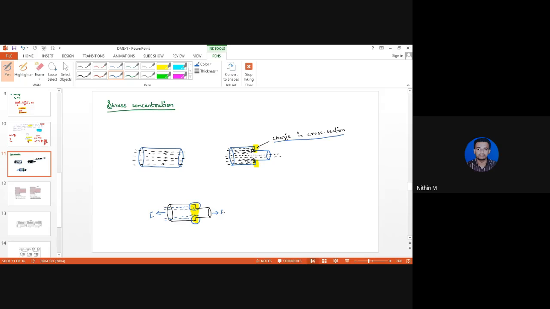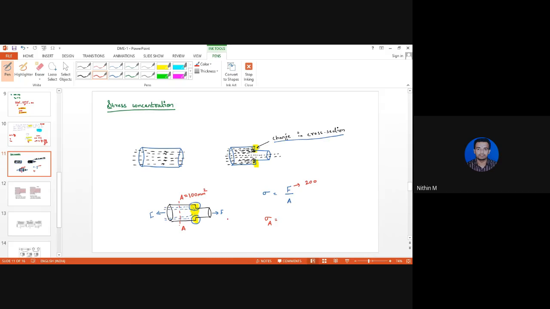If the component is subjected to tension, the formula to calculate the stress induced is F by A. Consider the region indicated by the red colored line and call this region A. Assume that the magnitude of force is 200 Newton, and let the area of cross-section at this red colored region be 100 mm square.